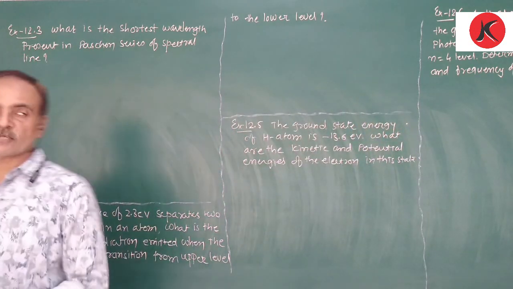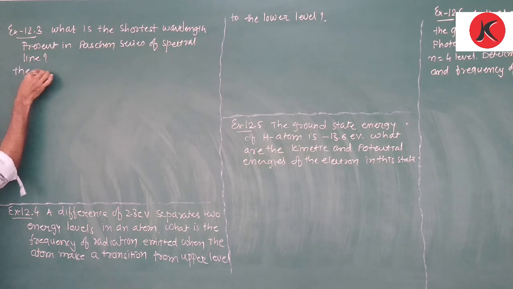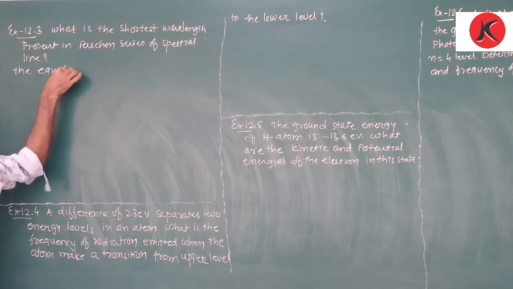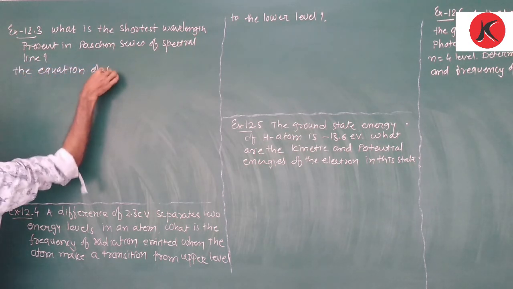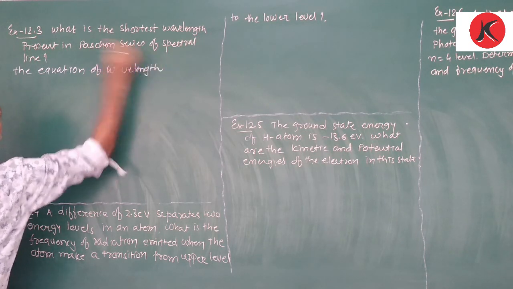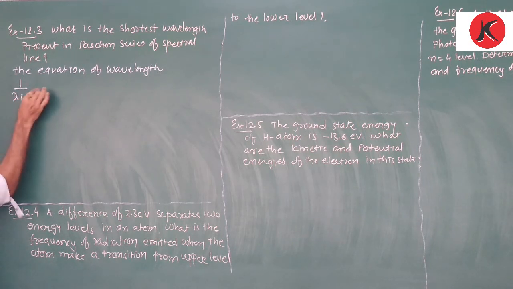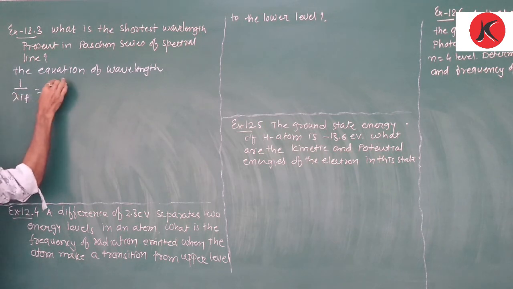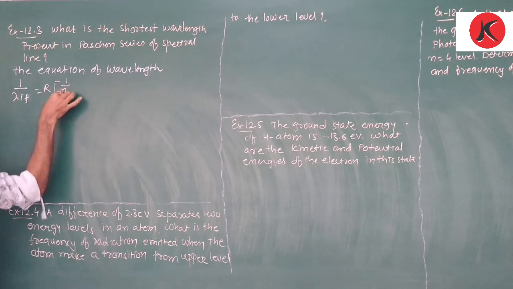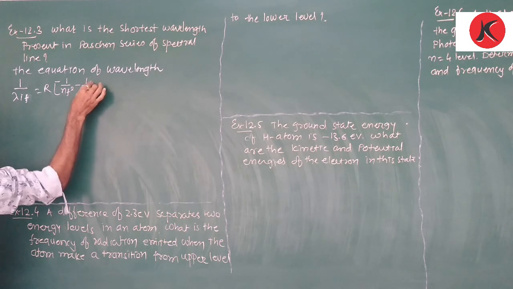The general equation of the wavelength is 1/lambda = R (1/nf^2 - 1/ni^2).